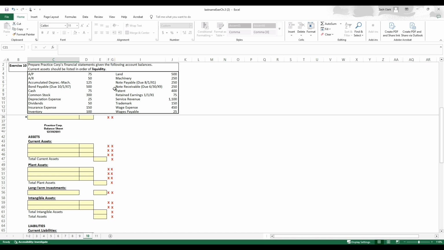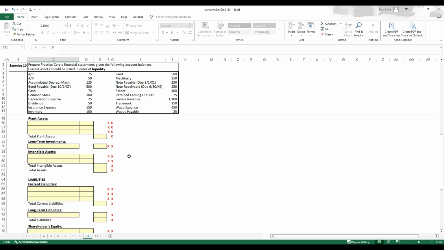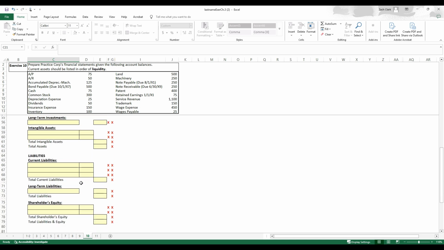Note payable due 8101, and the timing's kind of weird on that, but I think what they're trying to get out here is this is 7 years later. This is going to be current, I think. So let's give that a try.